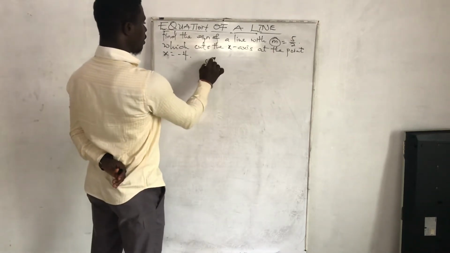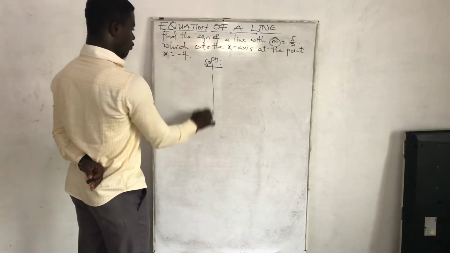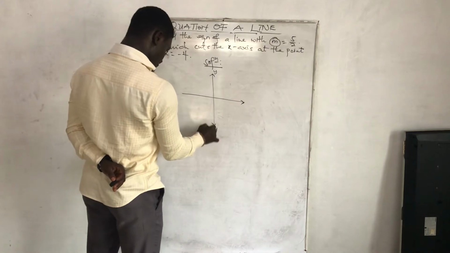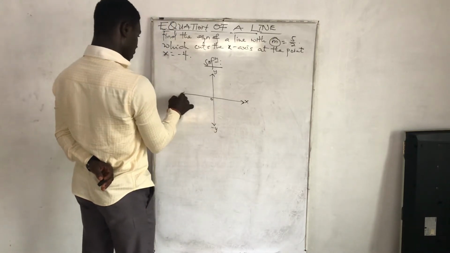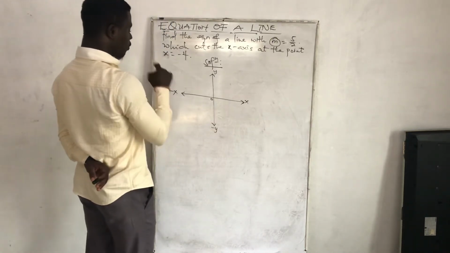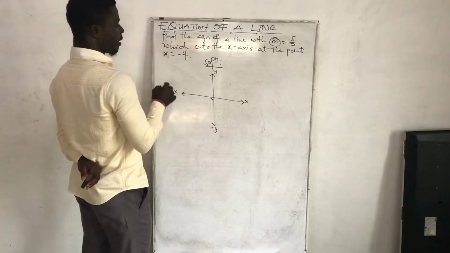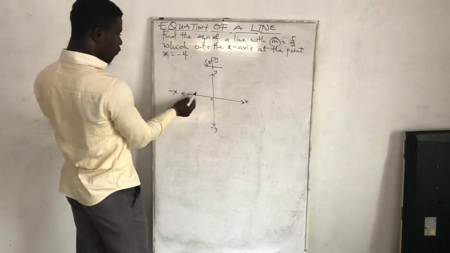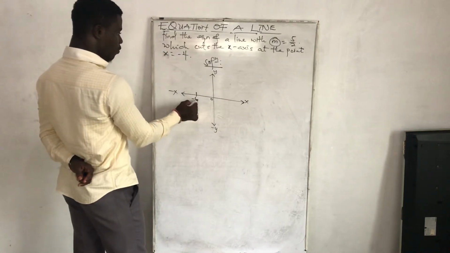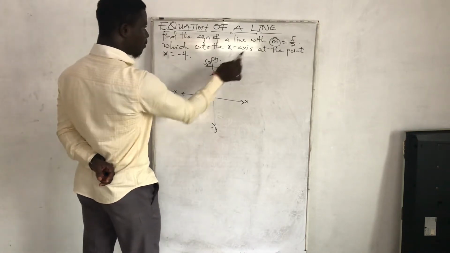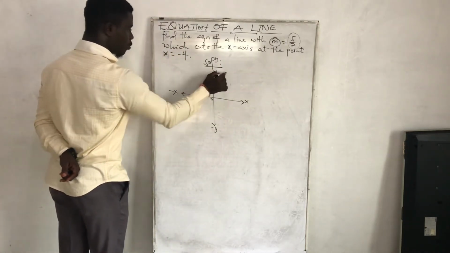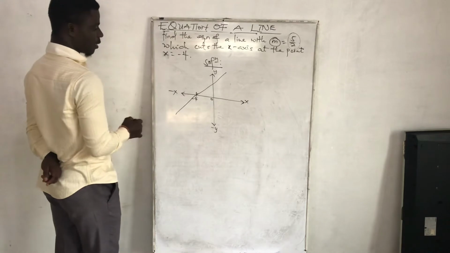So, solution here. We can draw our Cartesian plane: y, -y, x, origin, -x. It cuts the x-axis at x equals -4, so it's somewhere here. The gradient is 5 on 2, so that's an increasing function, and I get something like this.